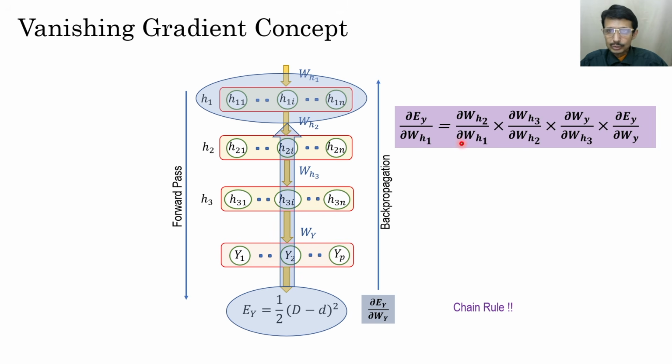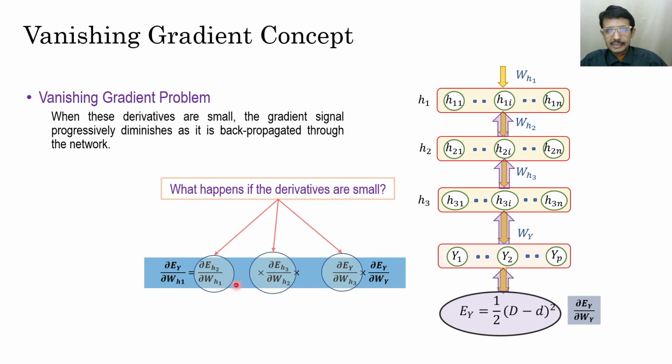If these derivatives are very small, meaning less than 1, the gradient signal progressively diminishes, reducing or decaying as it is backpropagated through the network.